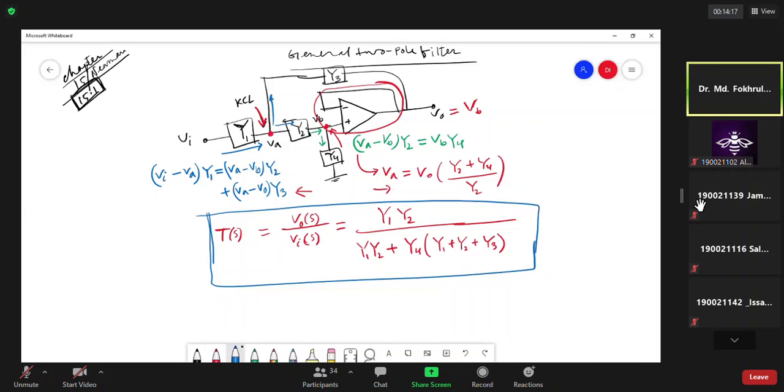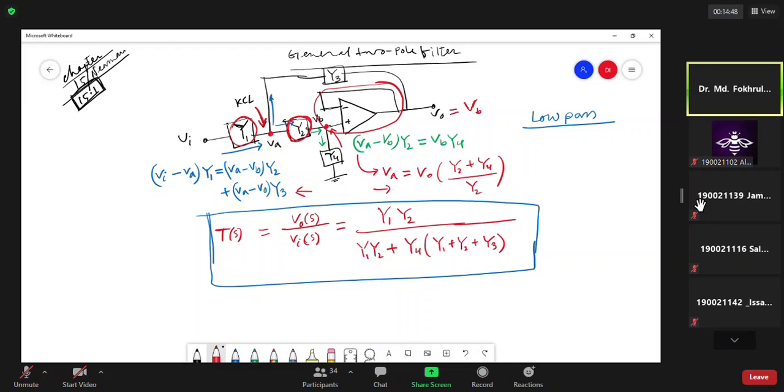Okay, so if we want to design a low pass, we need to pass the low frequency. In order to pass the low frequency, both Y1 and Y2 should be conductance, so that the signal can be passed through the voltage follower at low frequency.